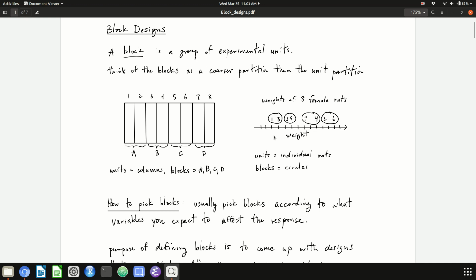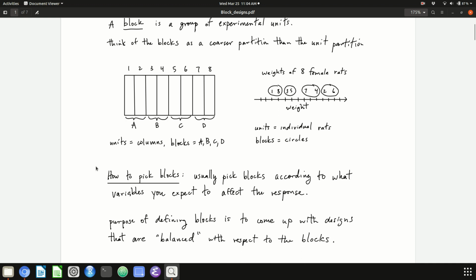In the rat example, if we expect the weight of the rat pups to depend on the weight of the mother, then we're picking blocks according to groupings of female rats that have similar weights. So these are both lightweight rats, and these are heavy ones.